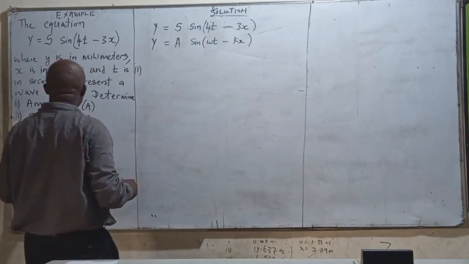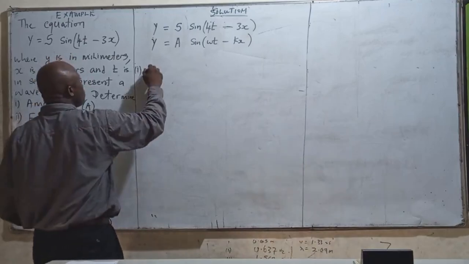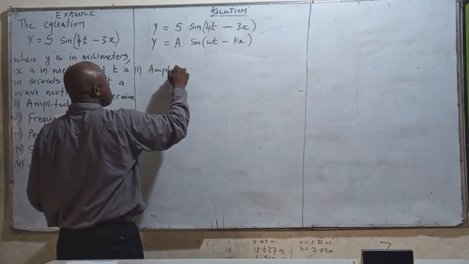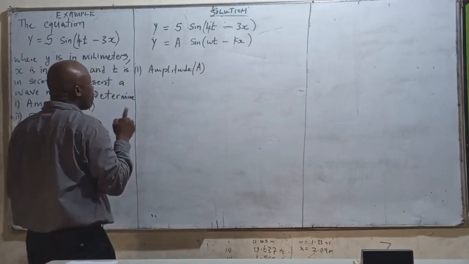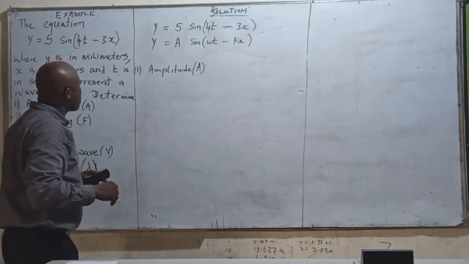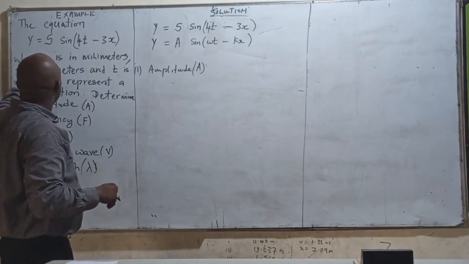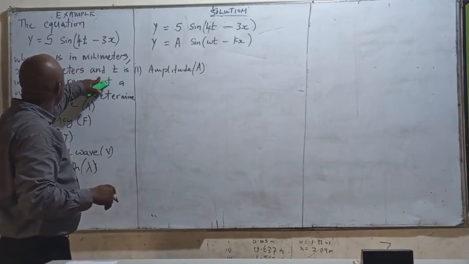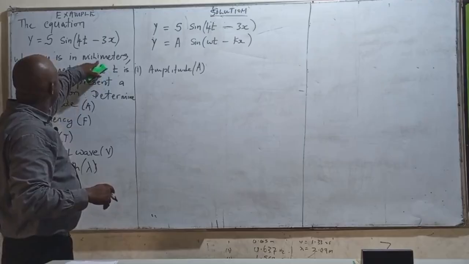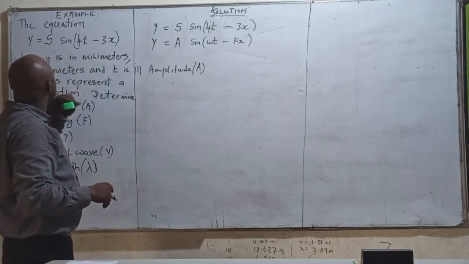We are asked to find number 1, the amplitude A. Before we begin to solve for amplitude, remember we are told that y is in millimeters and x is in meters, so we have to equate the units.